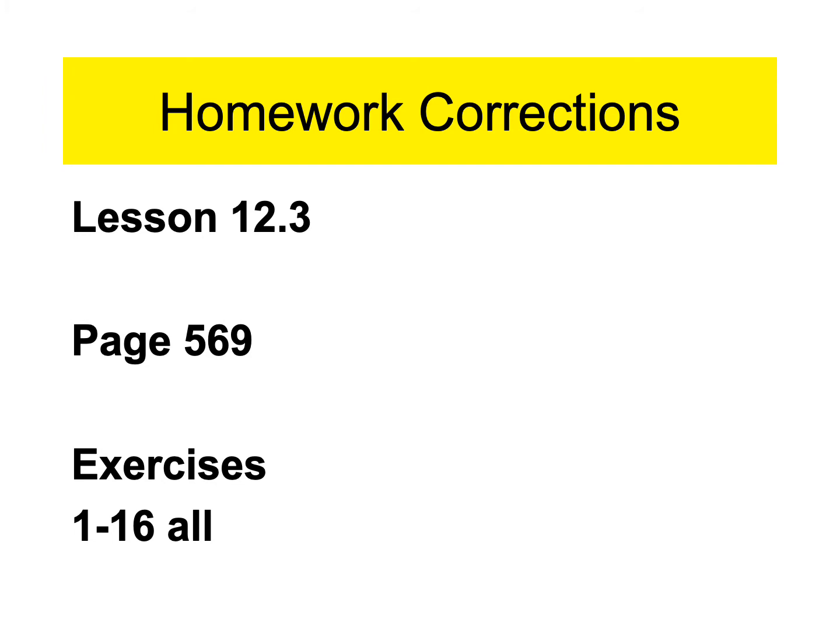Number 14, negative 1.7, comma 7.7. 2 left. 15 is 0.8, comma 2.2. And the last one, number 16, as a decimal, 0.7, comma 1.8. There you go. All right.